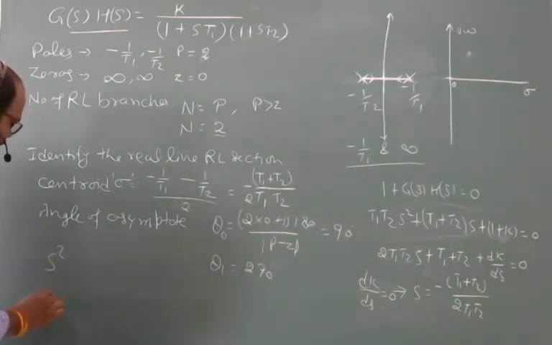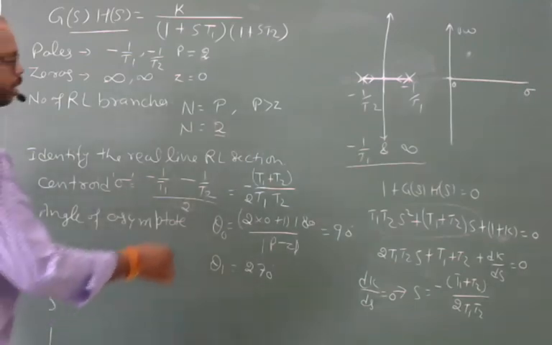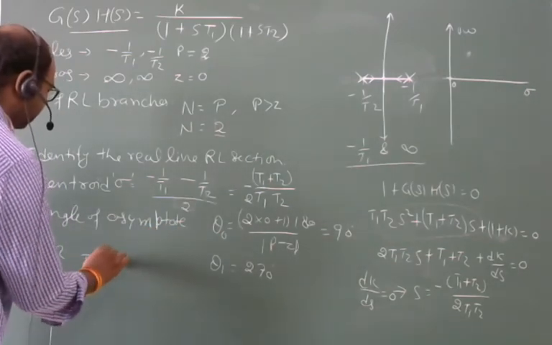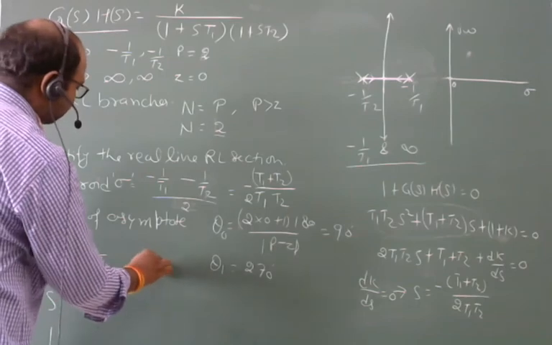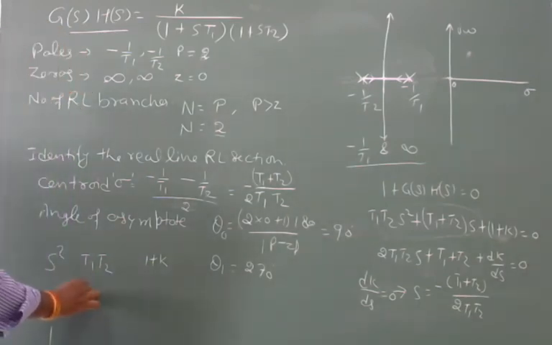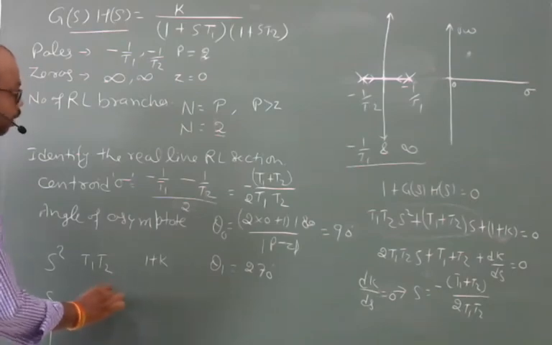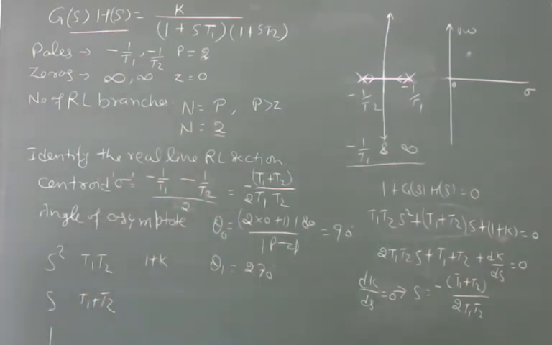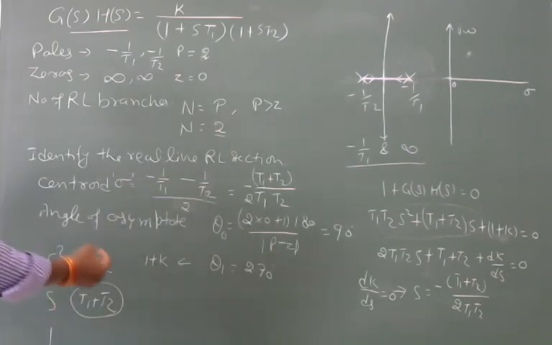So, s square, coefficient of s square is T1 T2, then 1 plus K, here T1 plus T2. Now what will be the auxiliary equation? This one, right? Because this is the square term. From here if I put it 0, then what will be the value of k? It doesn't depend on k. We cannot find the value of k from this line.